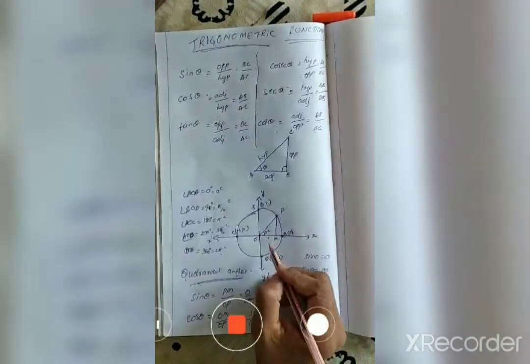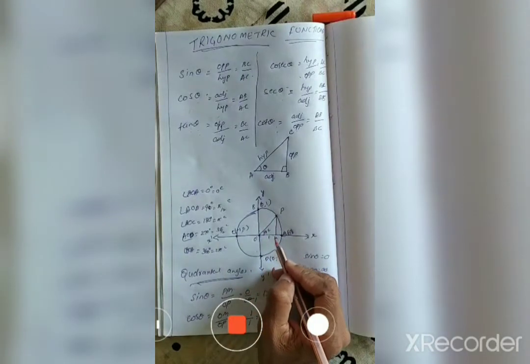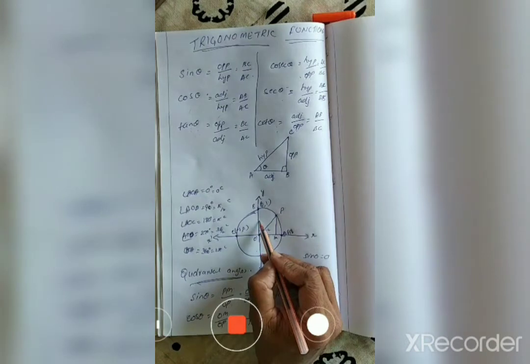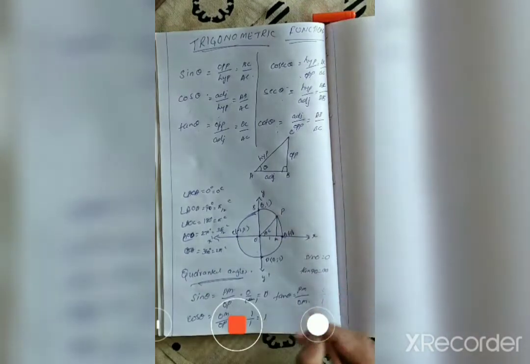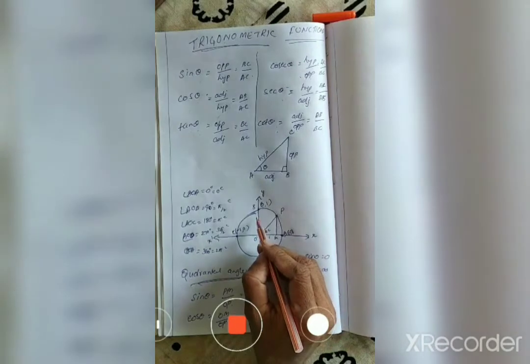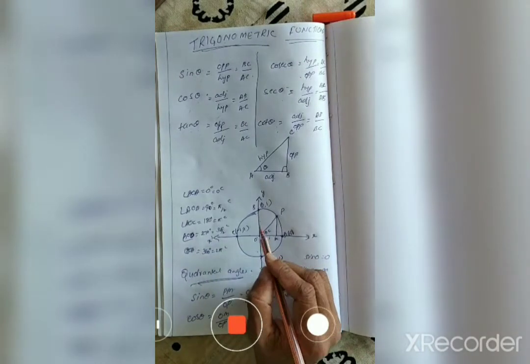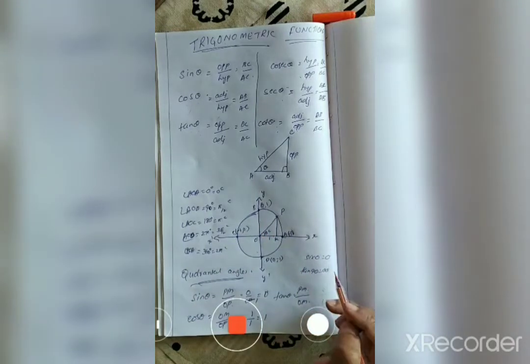Next, after one round, for example, if you want to find the angle 360 plus 90, which is 450, that is nothing but equal to the functions defined for the angle 90.